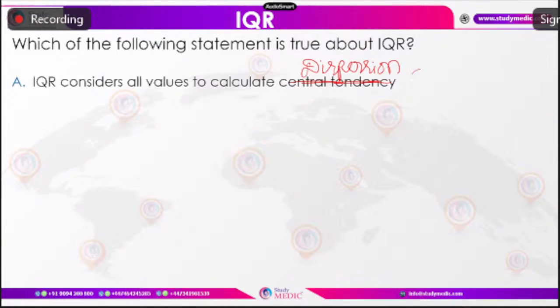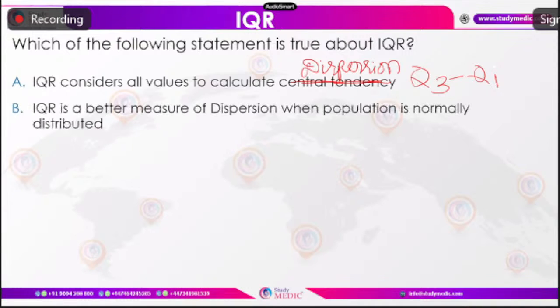It only considers the quartile 3 minus quartile 1 value. That's all. Interquartile range is a better measure of dispersion when the population is normally distributed. No. Standard deviation is the better measure of dispersion when the population is normally distributed, because the interquartile range will not consider all values. That is why, when normally distributed, standard deviation is a better measure of dispersion.